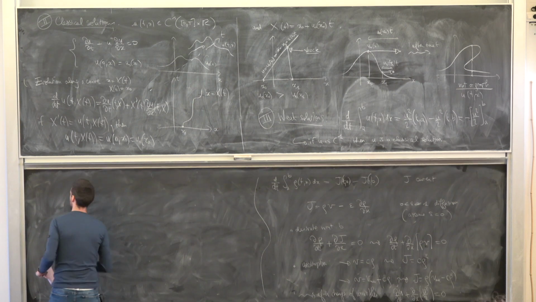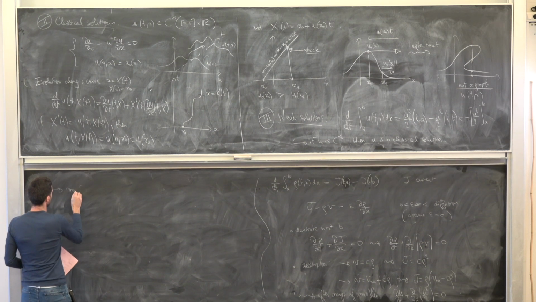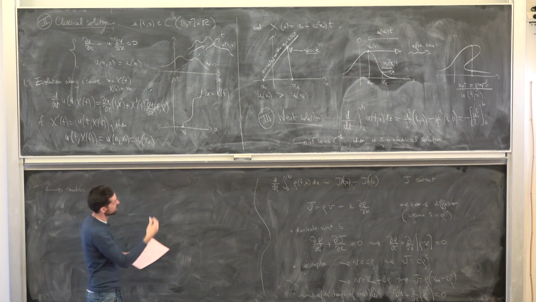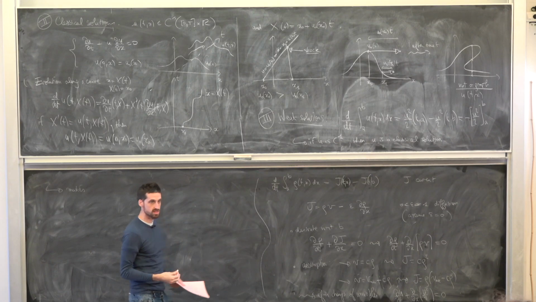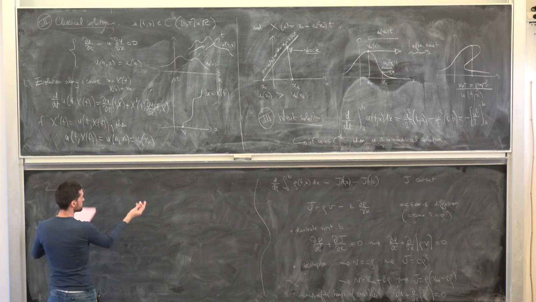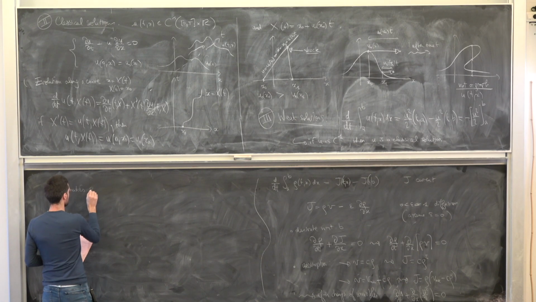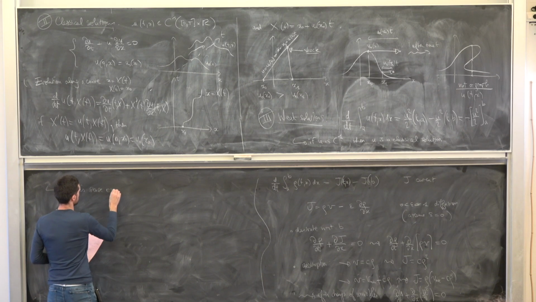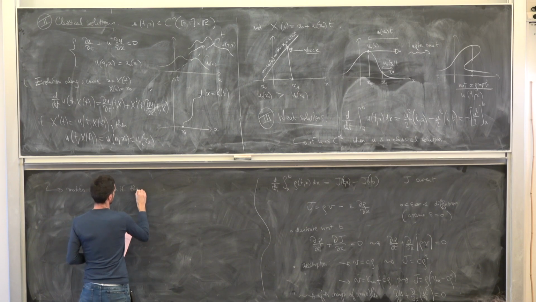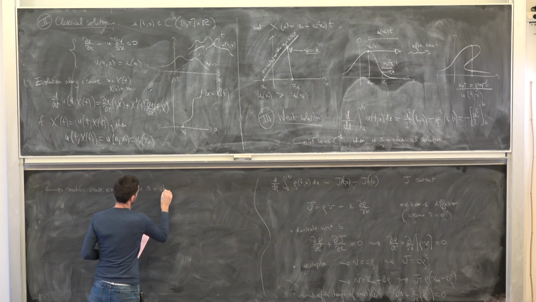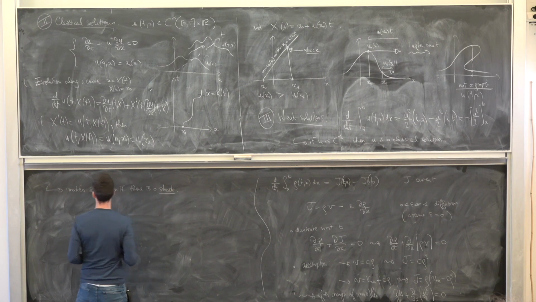So this is what I want to convince you of: that now this equation written in this weak sense makes sense even if there is some kind of discontinuity. Okay, even if there is a shock.